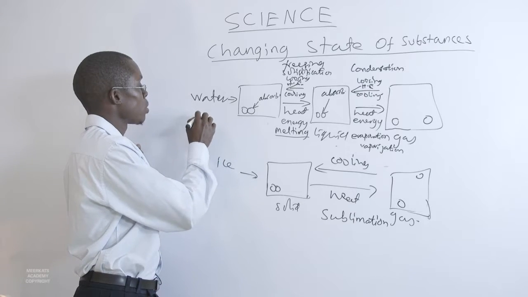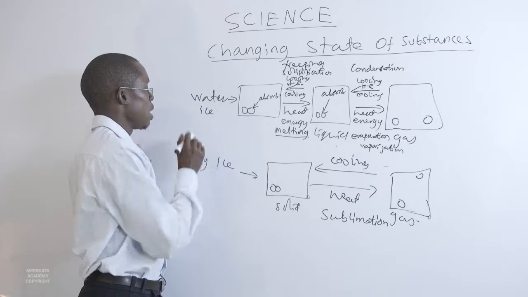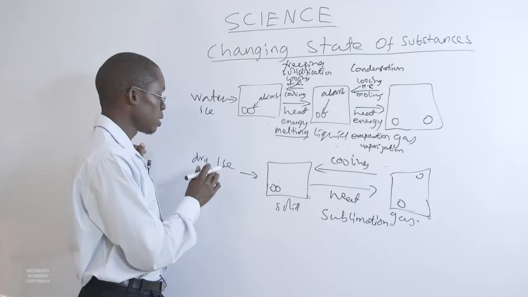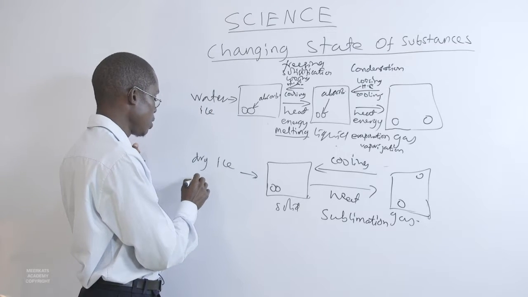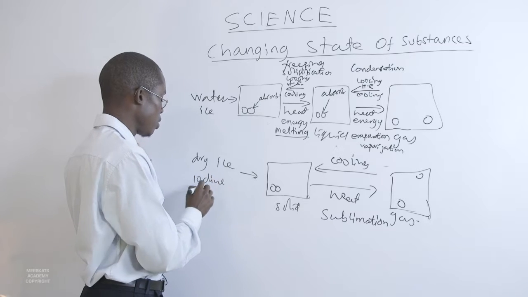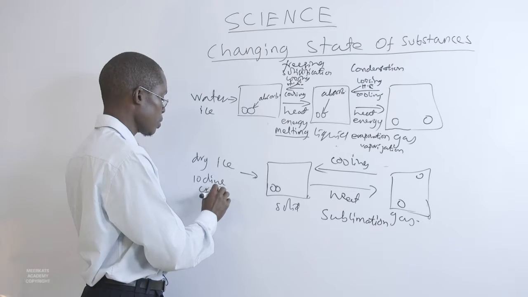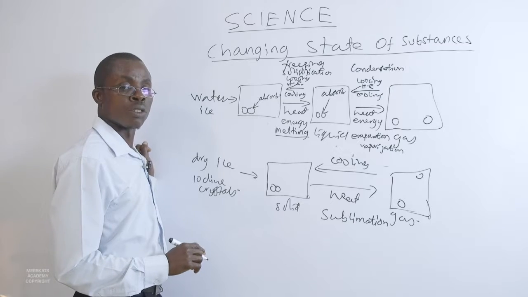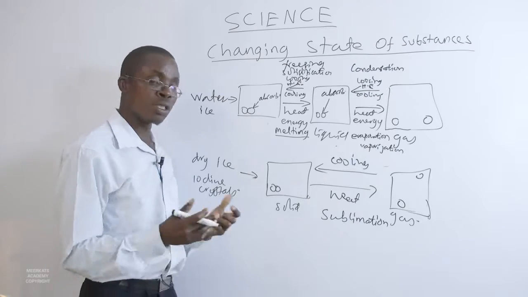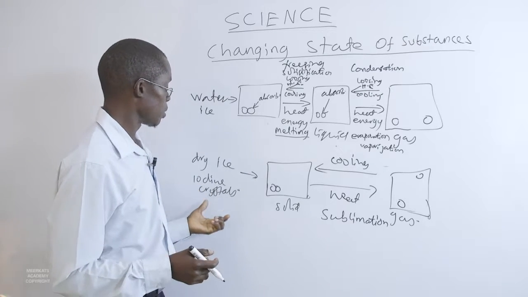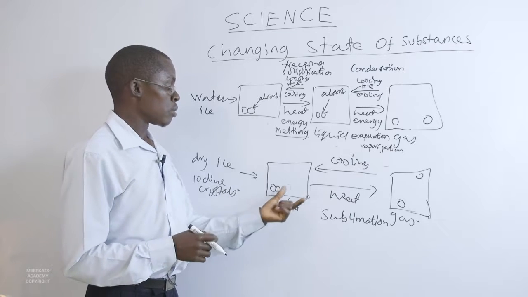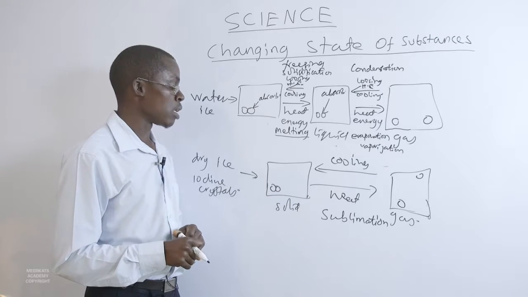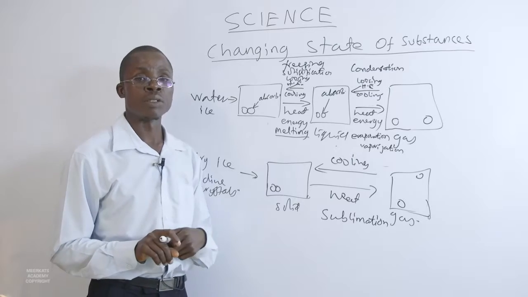So here we talked about water, ice, and here we are talking about dry ice. We also have iodine crystals, ammonium chloride. There are so many that we can use as examples to give this explanation of sublimation.